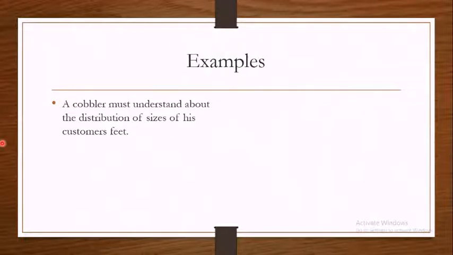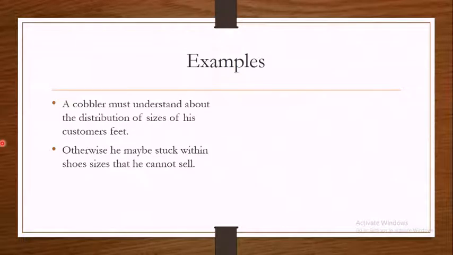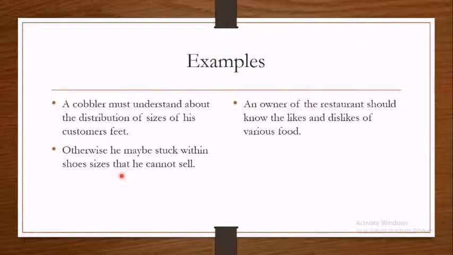So he should be very much aware of what the feet size of his customers is. Otherwise, he may be stuck with shoe sizes that he cannot sell. Just keep this example in your mind so that you can connect it with the probability distribution when we end this video.